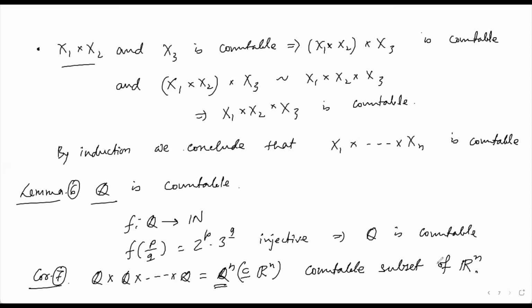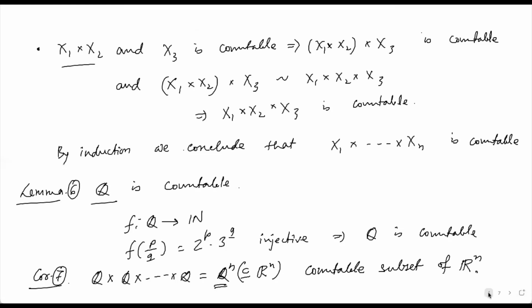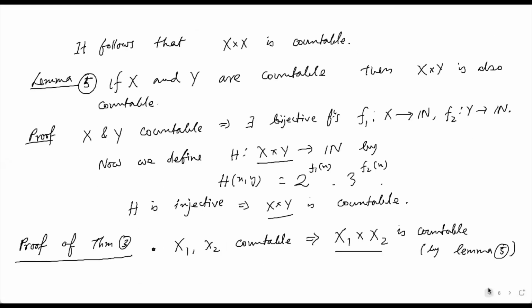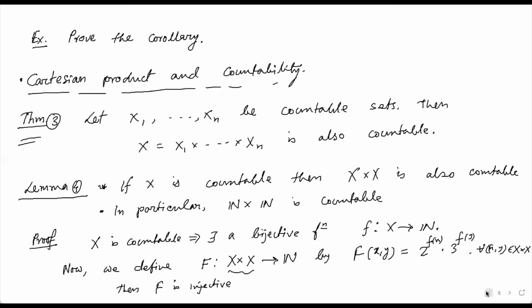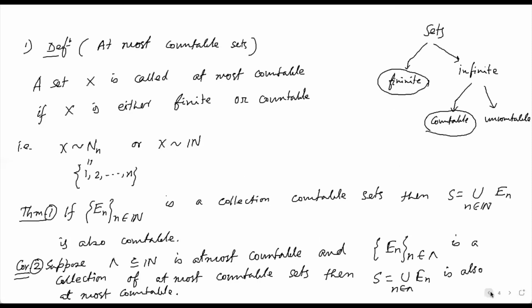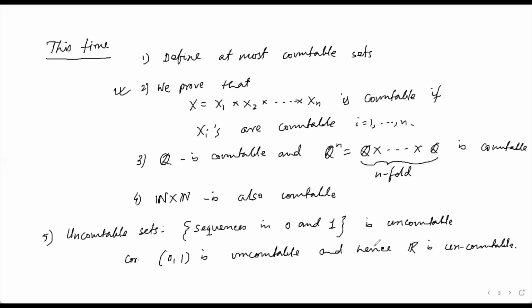Okay, so now we study an uncountable set. Namely, we prove that the set of all sequences in 0 and 1 is uncountable. Let us go to the content.